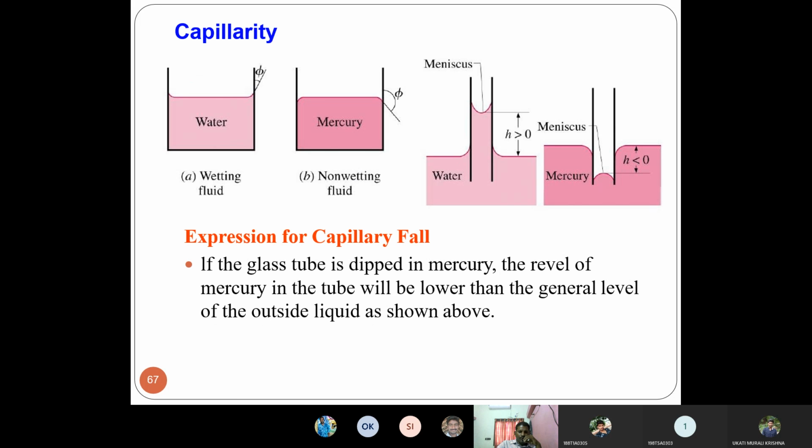Right, lastly, only one topic: the expression for capillary fall or depression. Here we are comparing these two phenomena with two fluids. We are taking water in a beaker and mercury in another beaker.